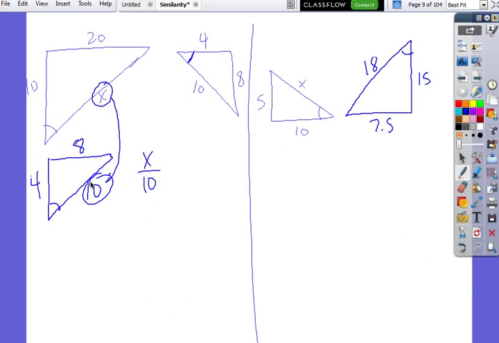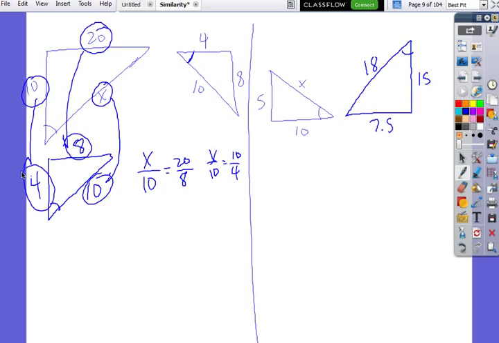If I choose the 20, 20 matches what? 8. Or I could have said, well, I'm going to do x over 10, and I want to use the small numbers to make it easier on myself. If I use the small numbers, I would say 10 over 4. The 20 matches the 8. The 10 matches the 4. You have to have the x in there, and then pick one of the other pairs if it gives you more than you need. So do we do the other one now?